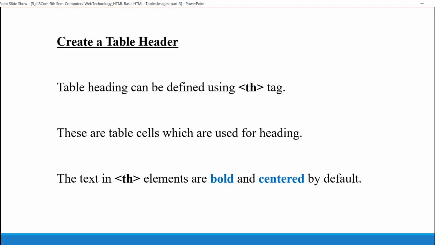Next one is table header. The tag that is used for representing a heading is the th tag. These table cells are used for headings, and the text in heading elements is bold and centered by default. If I place the text in the th tag, the text will appear bold and the alignment is center by default.